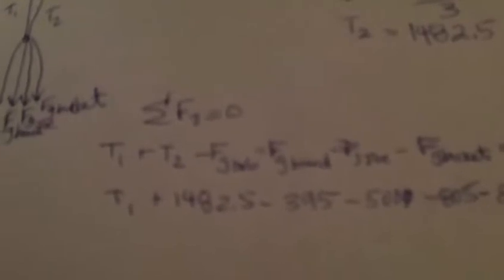Okay, and then you're just going to add these guys all up. So we have 1482.5 minus 395 minus 500 minus 805 minus 820.